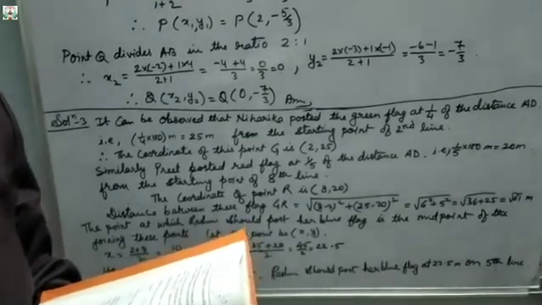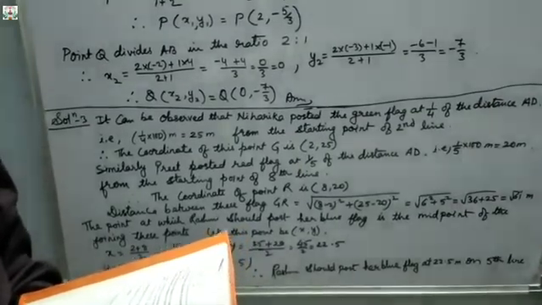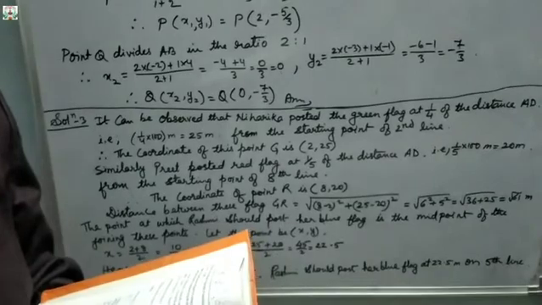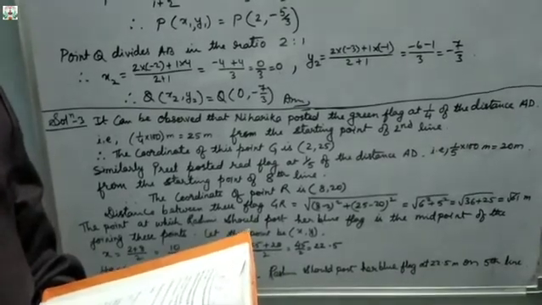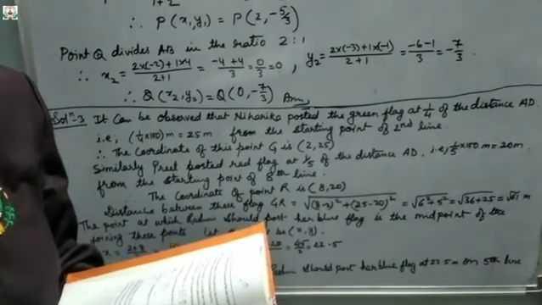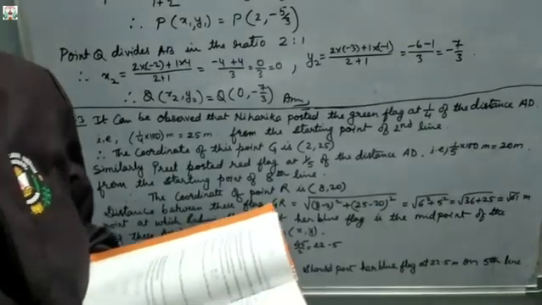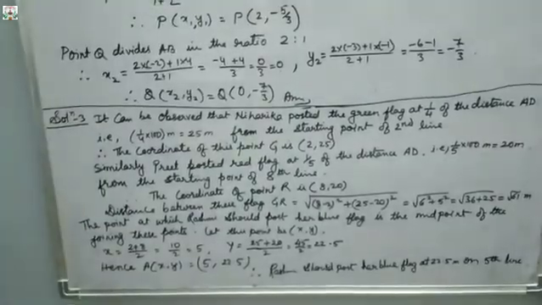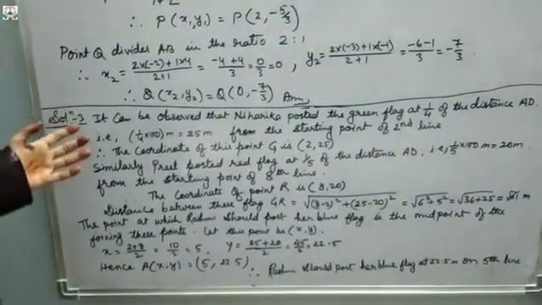What is the distance between both the flags? If Rashmi has to post a blue flag exactly halfway between the line segment joining the two flags, where should she post her flag? Okay, this is the question. Now let us have the solution.